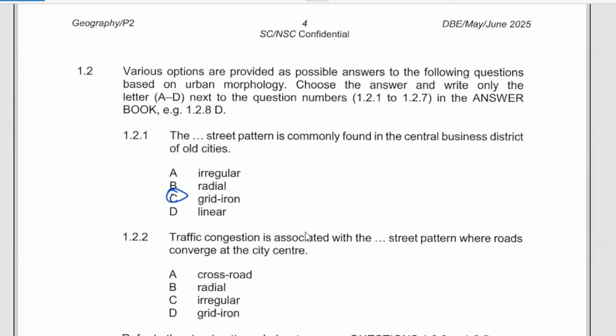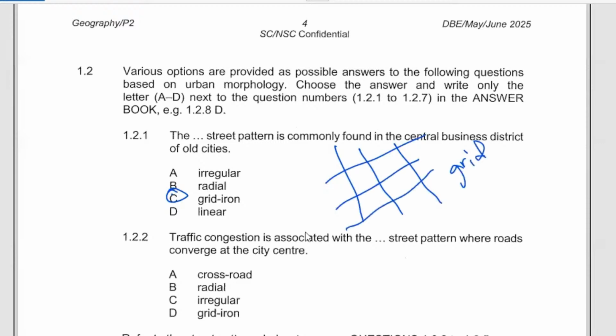A gridiron, you are saying some streets would be going in that direction, whilst others would be going in that direction, creating a grid. That is how most of the old cities were structured. That was the common pattern which was used in most of the old cities.